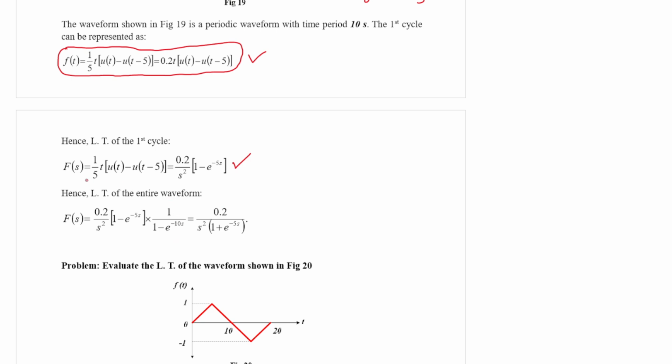Now what will be the Laplace transform of the entire waveform? You must multiply it with the factor for the time period, which is 10. So the Laplace transform of the entire waveform is 0.2 by s squared multiplied by 1 minus e to the power minus 5s divided by 1 minus e to the power minus 10s.